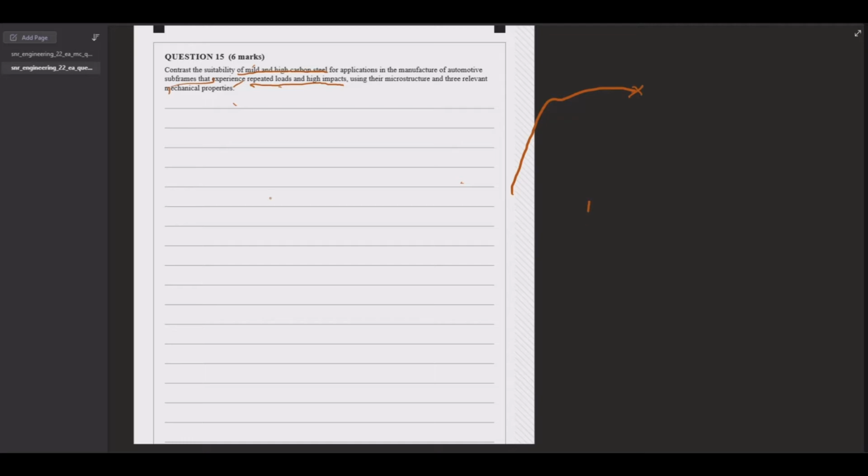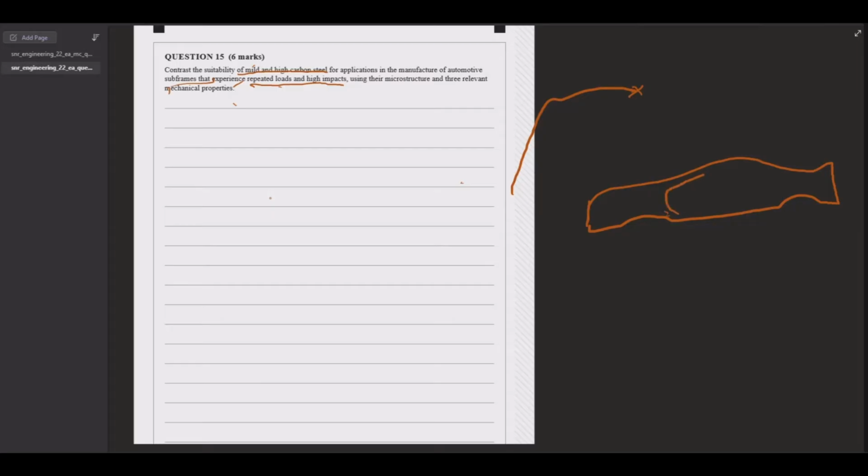For a car subframe, let's draw it out. Car subframe is the frame that contains the passengers, and we do want this to be rigid.